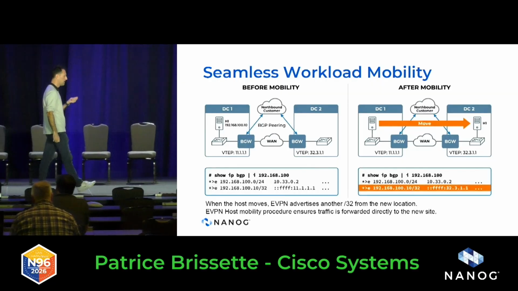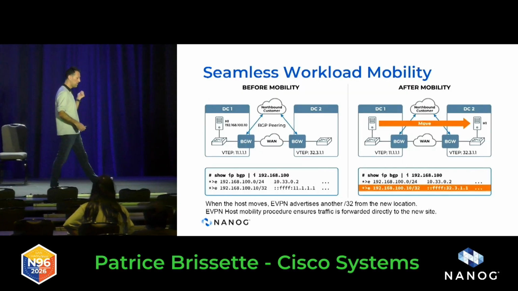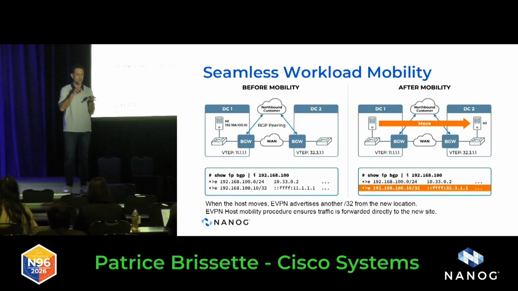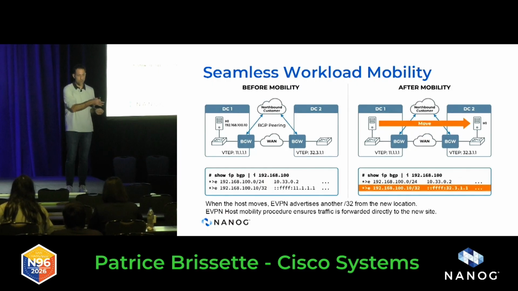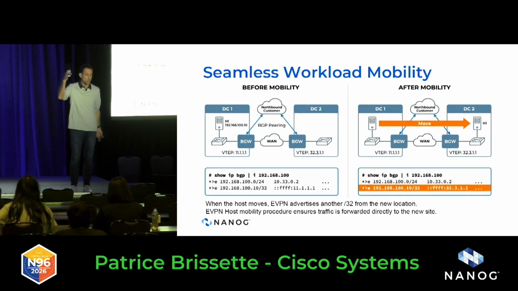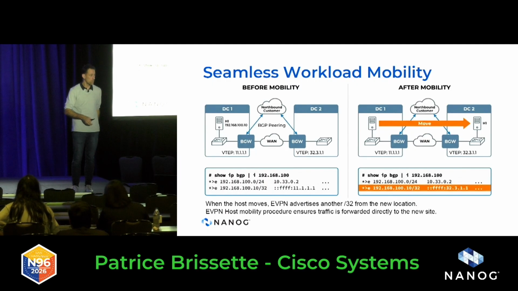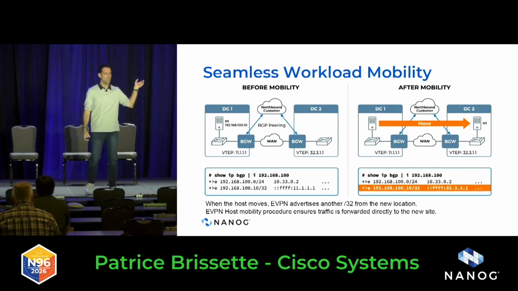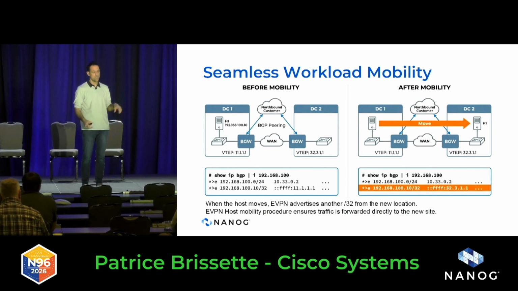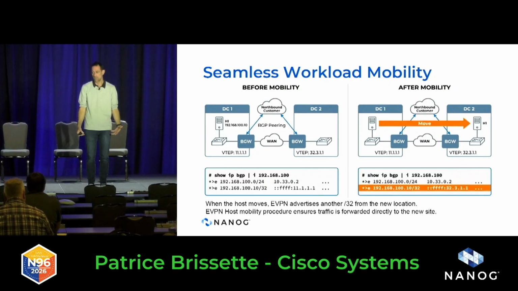Because remember, the domain that will stitch the data center parts or pods is just an EVPN route, and the EVPN route will be carried over. So if your host is moving within a DC, nobody cares because your next hop hasn't changed from the outside world. But if your host is moving across DCs, well, EVPN will just re-update its /32 and say, oh, your next hop is no longer here, but it's there. So it's seamless. There's no work. It just works as is.